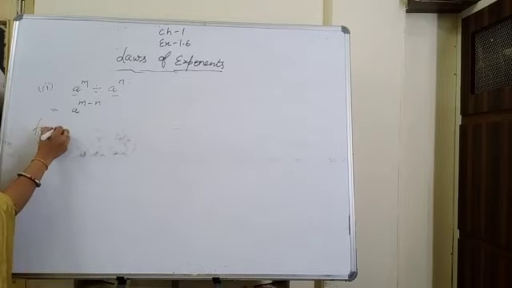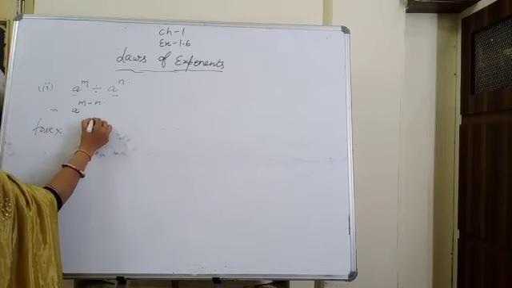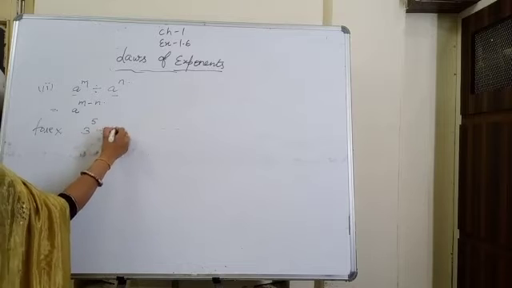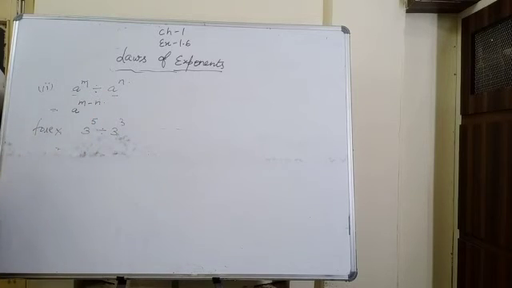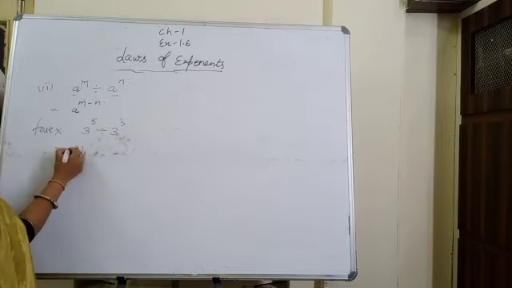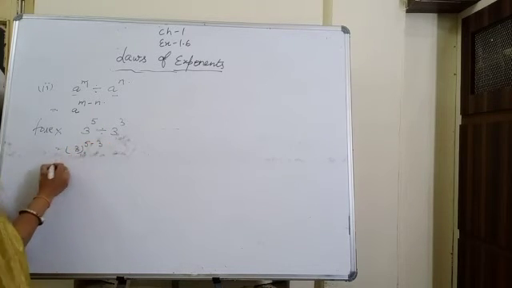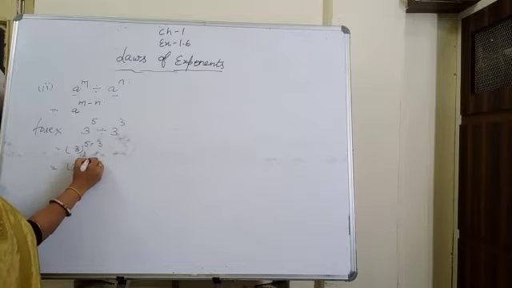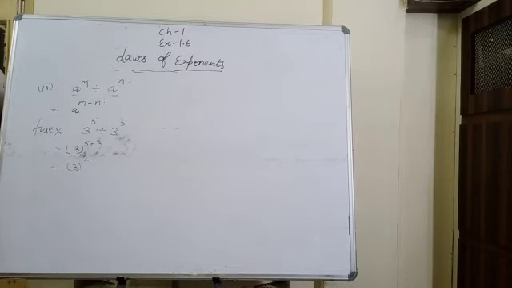For example, 3 raised to power 5 divided by 3 raised to power 3. Base is same, we will subtract the powers, 3 raised to power 5 minus 3, that is 3 raised to power 2. This is second law.